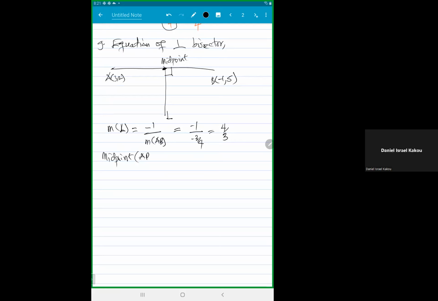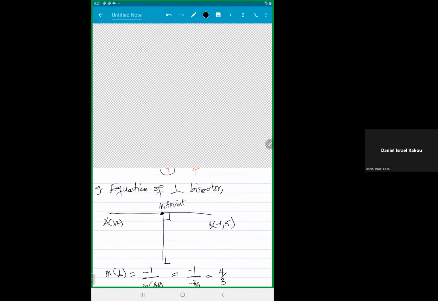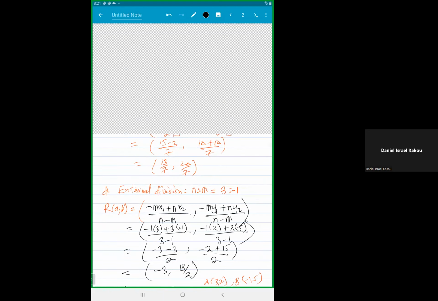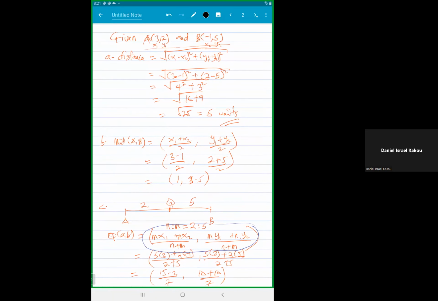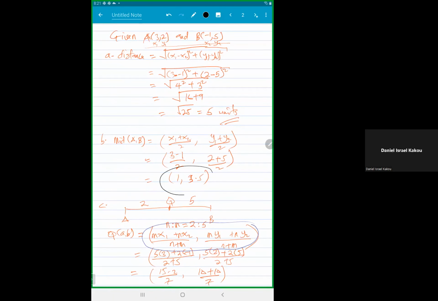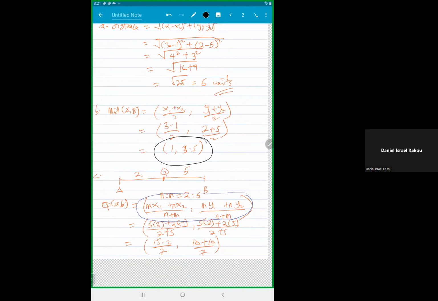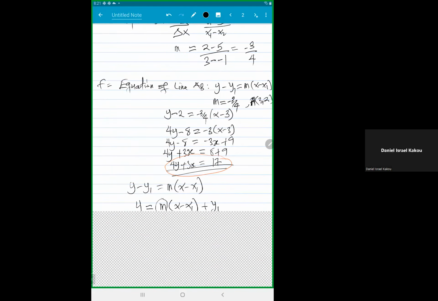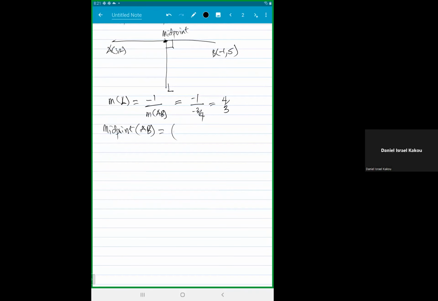The midpoint of AB we know already; we solved it in one of the previous questions. So the midpoint was here, and we had it as 3.5.